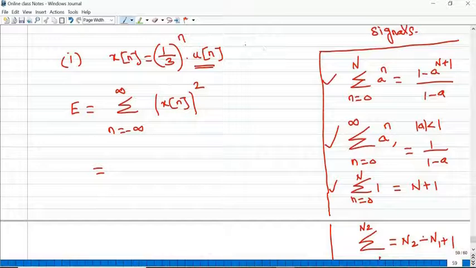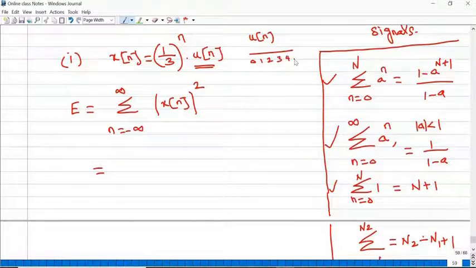So we know that u of n is valid only during n equal to 0, 1, 2, 3, 4, 5 only. How to sketch u of n? For n equal to minus 1, minus 2, minus 1, the value is 0.